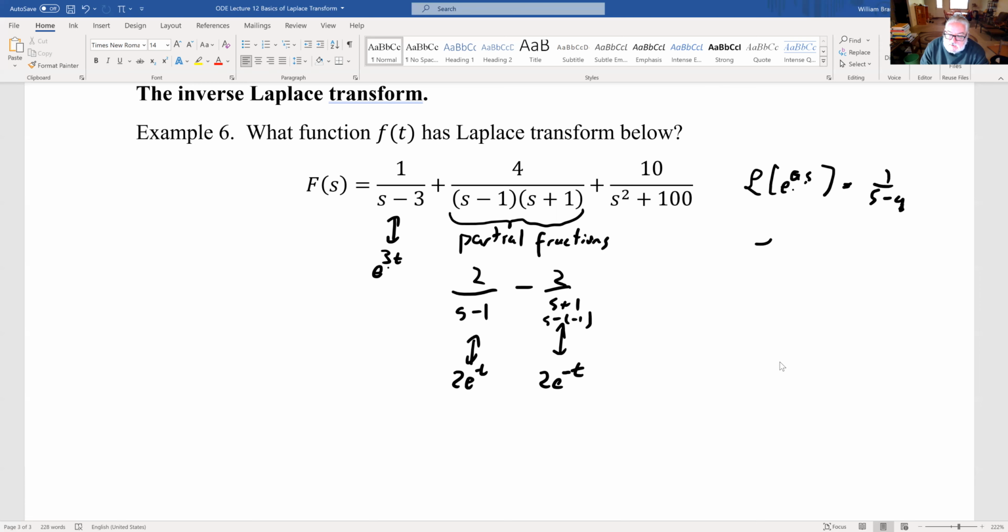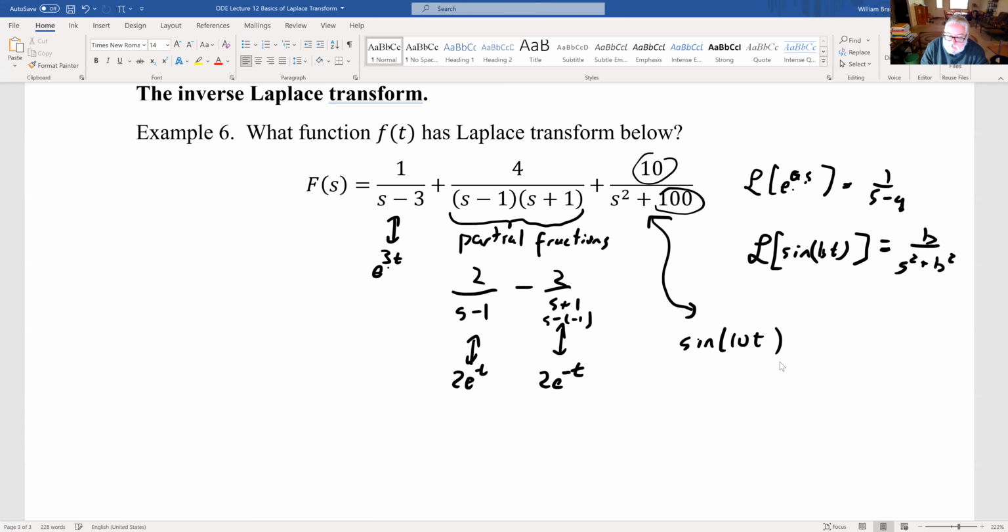And the other thing we need to know is that the Laplace transform of sine of bt equals b over s squared plus b squared. So this last term must be sine of 10t, because this means b equals 10, b squared is 100. So what do we get there?